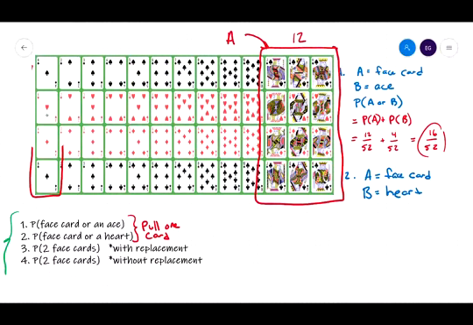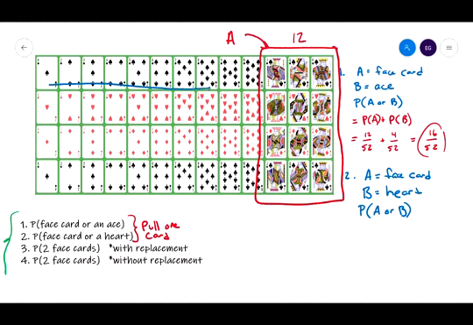Okay, let's get rid of this. So again, we're looking at the probability of A or B. But the difference here is these events are not disjoint. There is some overlap. In the first example, one card cannot be part of outcome A and outcome B at the same time. But for number 2, face card or a heart, let's use blue here.